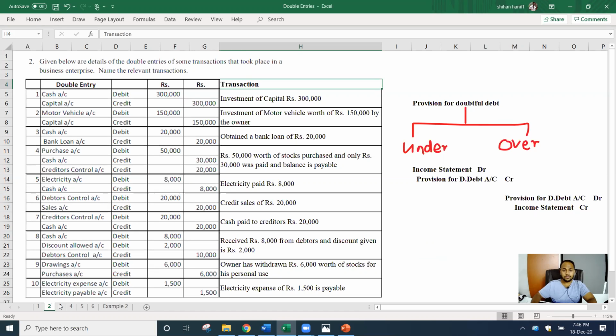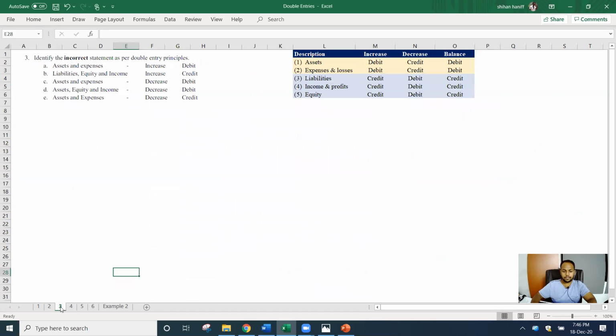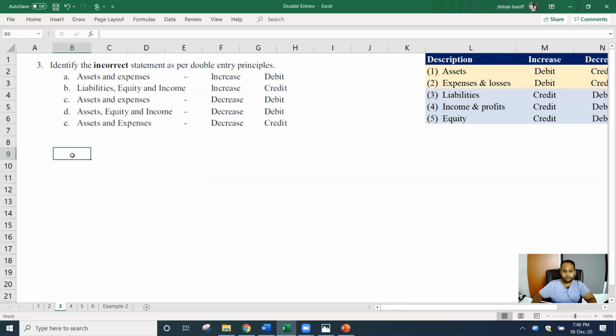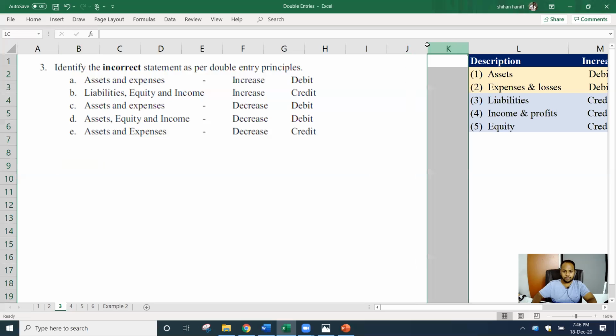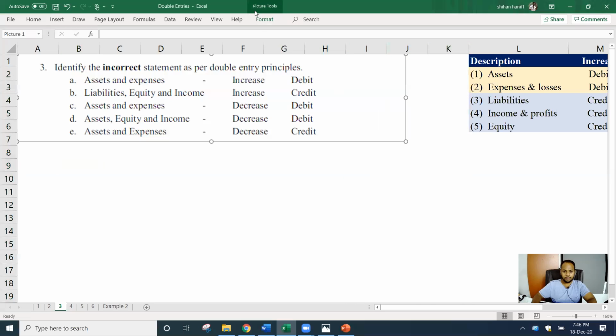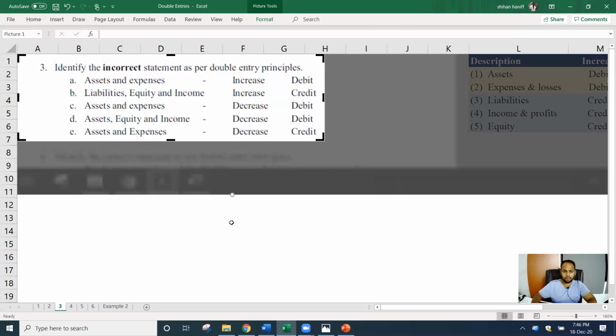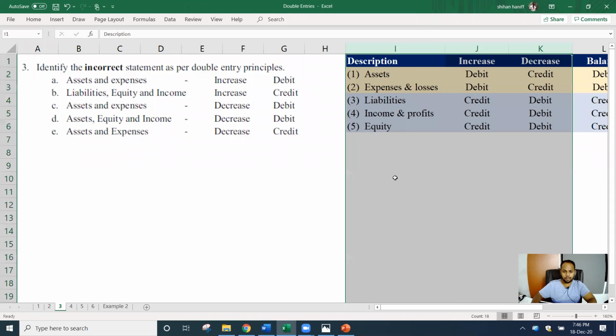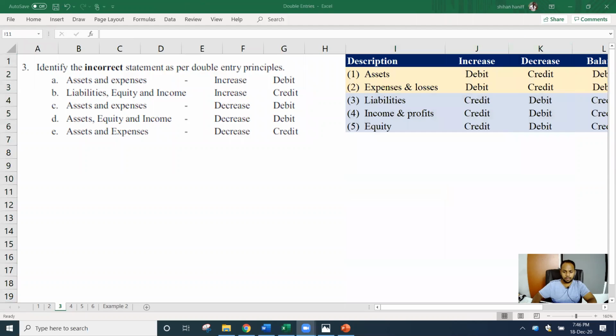Any doubts? Can you all identify the incorrect statement here? There are some questions. We will see.